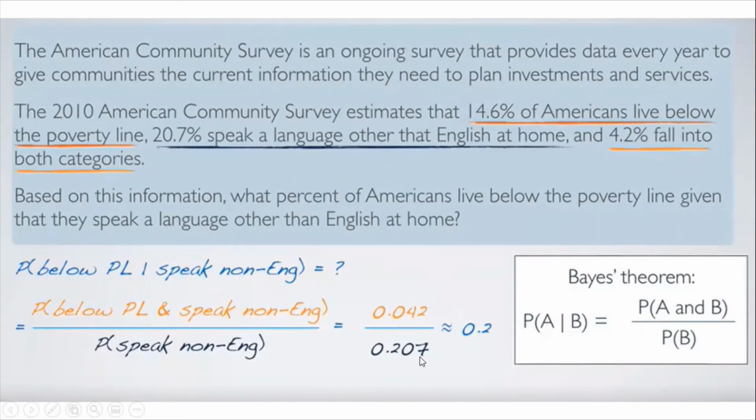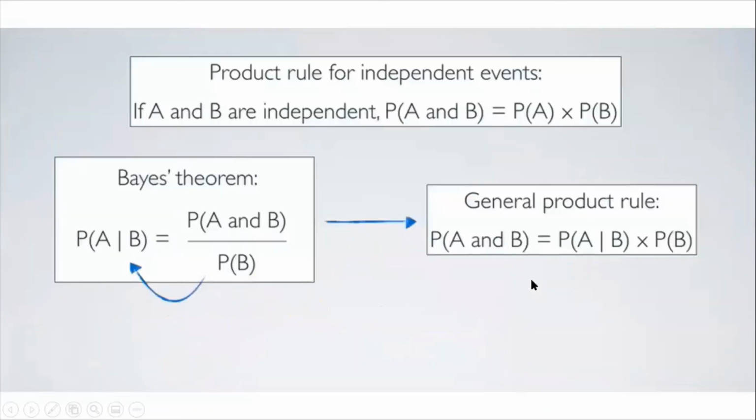And then 0.207, which is right here. So we get 20%: 20% live below the poverty line given that they speak another language at home. This is Bayes theorem.